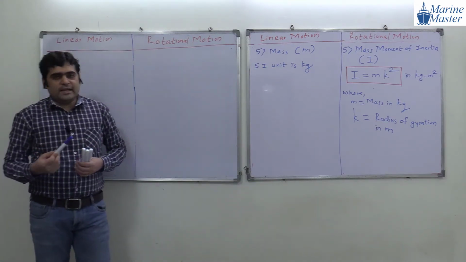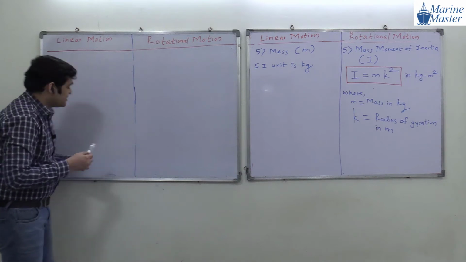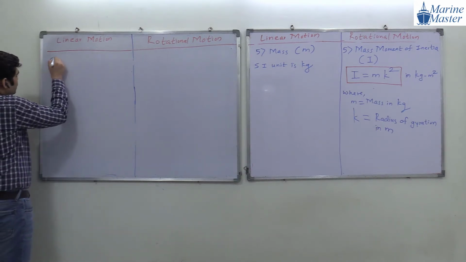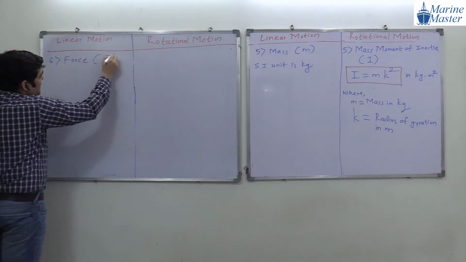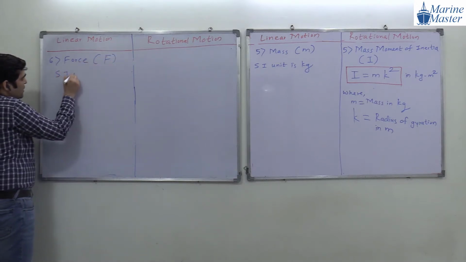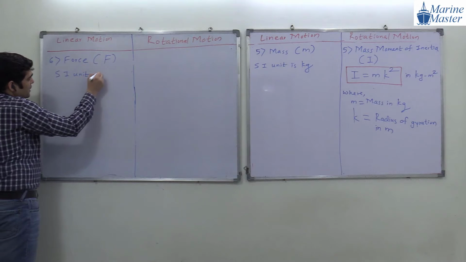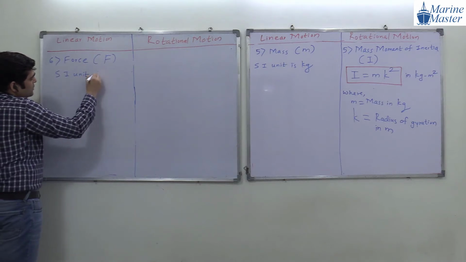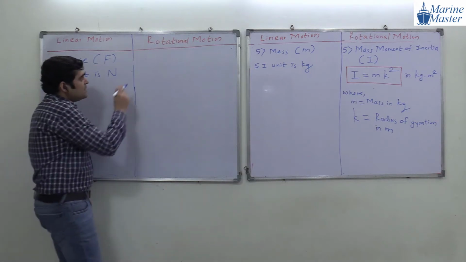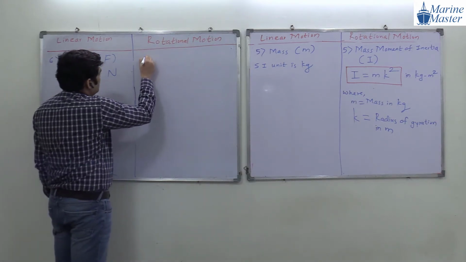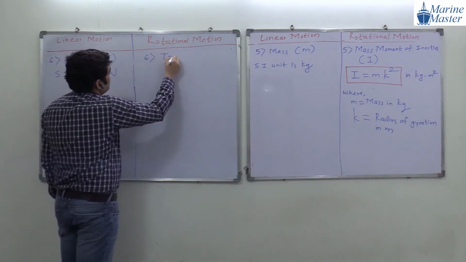Now the sixth point here is what? In linear motion, motion is due to force. Force is denoted by F. SI unit of force is what, guys? Newton. Okay. Now here, rotational motion is due to what, guys? Torque.